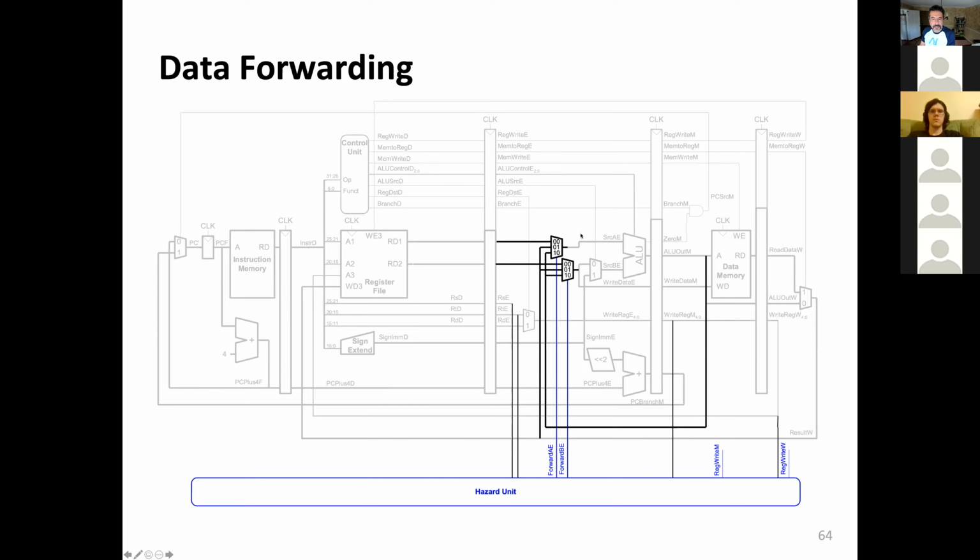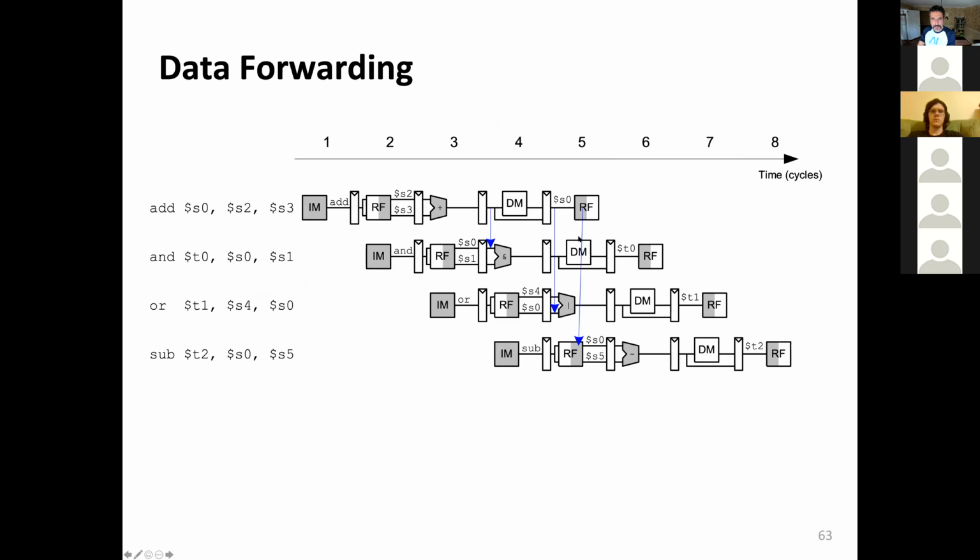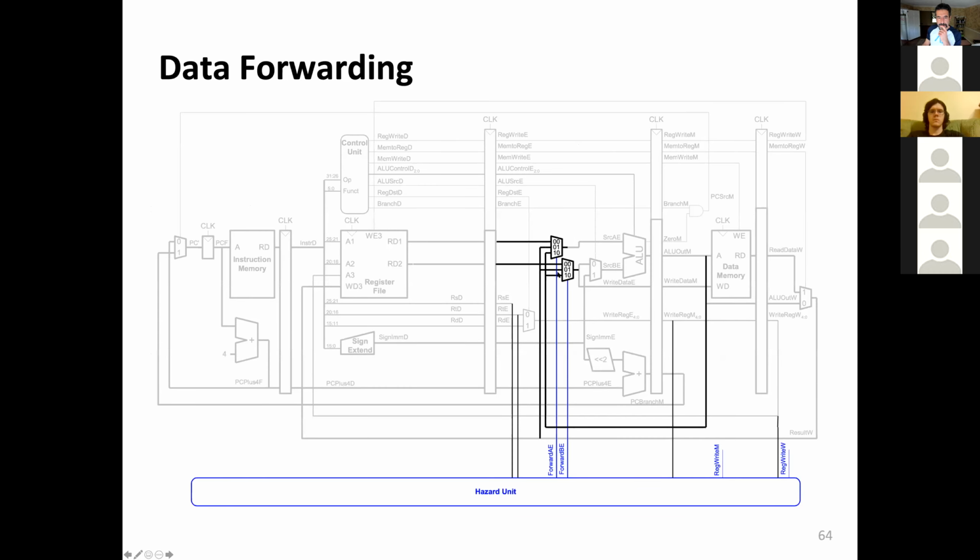And obviously, if you think clearly here, these forwarded values may happen in the memory stage and in the write back stage, right? So in decoding, there wouldn't be any additional need to add any data paths, right?